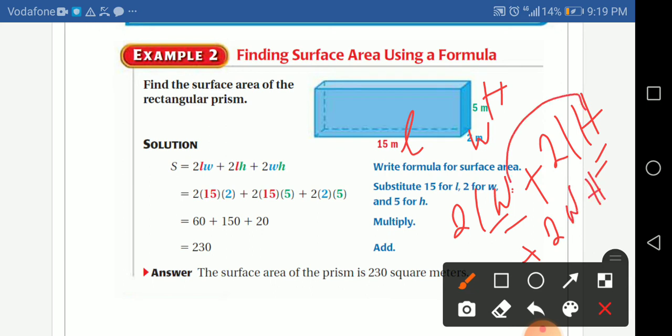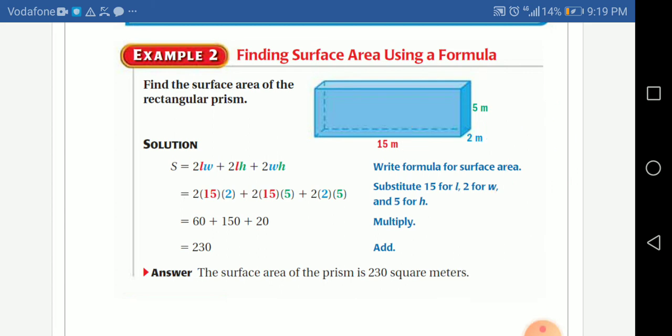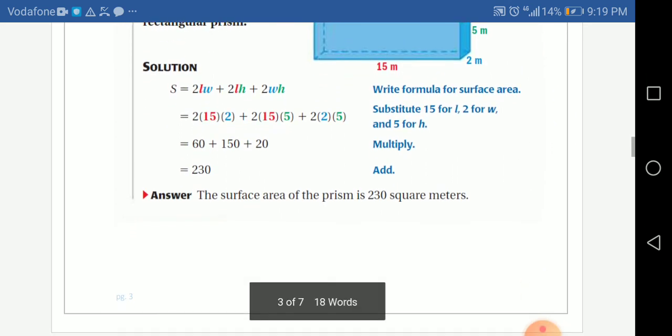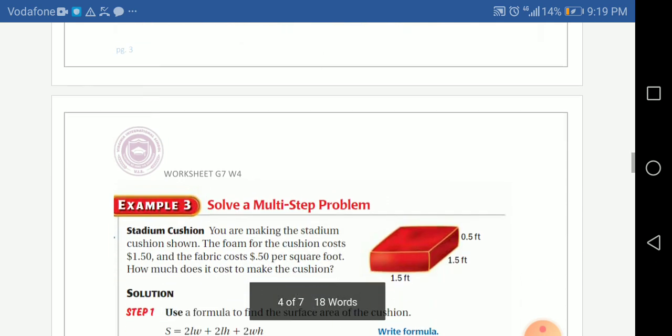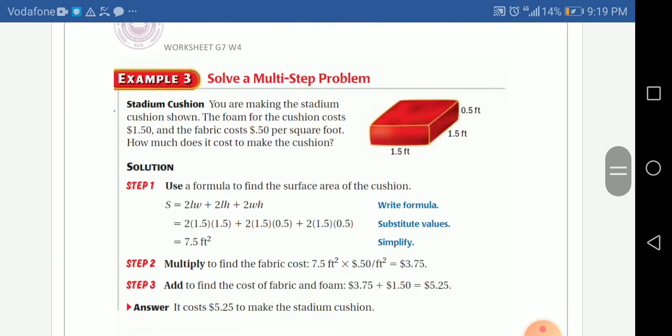Okay, easy like this. Then substitute the values given in the drawing. So you got 2 times 15 times 2 plus 2 times 15 times 5 plus 2 times 2 times 5, which gives you 230. So the surface area of this prism is 230 square meters. We are talking about area also.